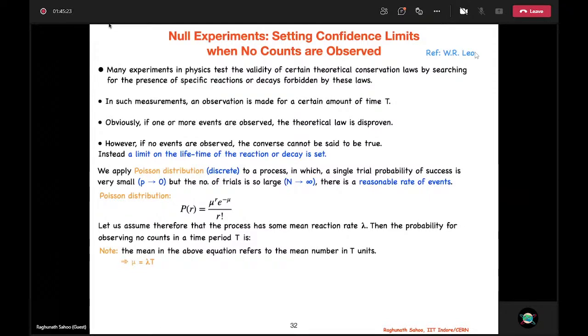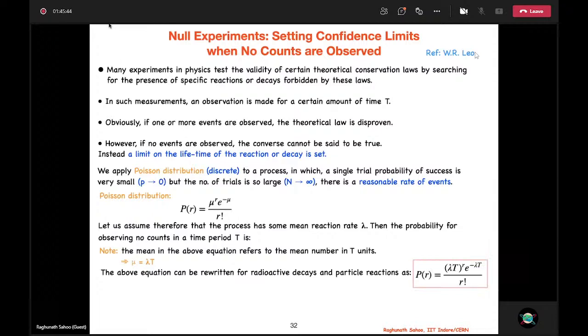So now I should write mu as lambda t. That lambda has the inverse dimension of t, because the arguments of the exponential and logarithmic should be dimensionless. So the above equation can be rewritten for radioactive decays and particle reactions as the following: I have just replaced mu by lambda t.